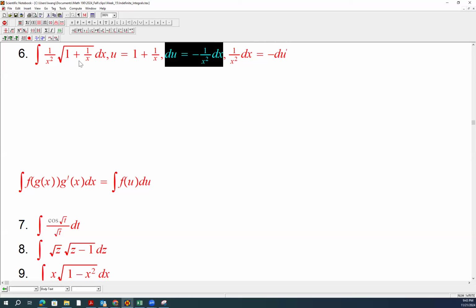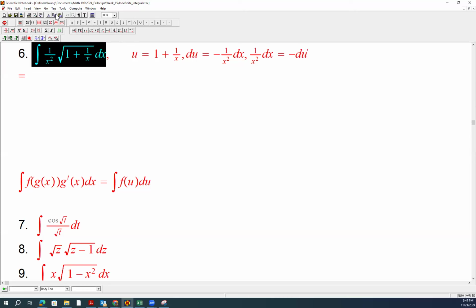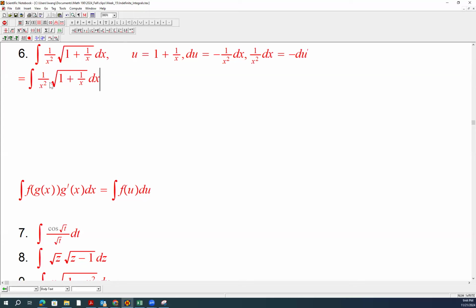Now we go back to the function. Make the substitution part separated, and then we do the substitution. This piece is u, and 1 over x squared I'm going to move next to dx.